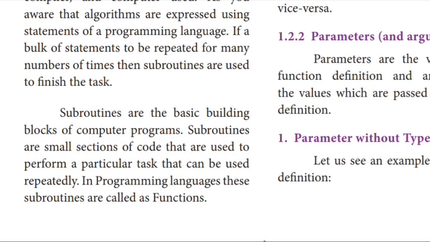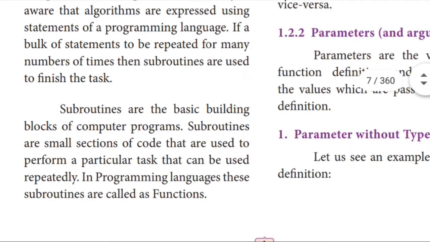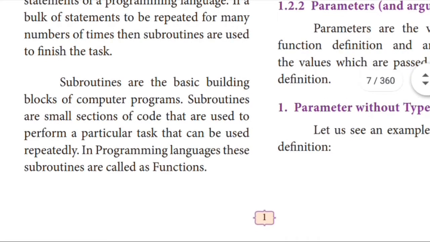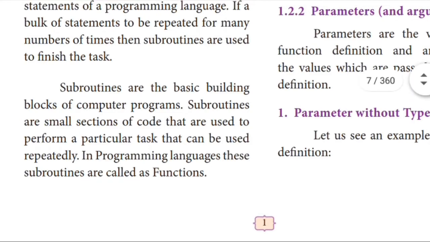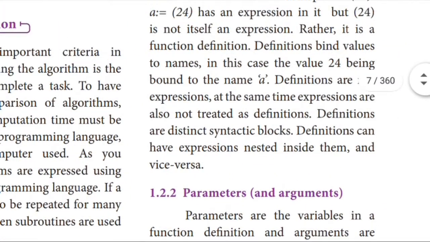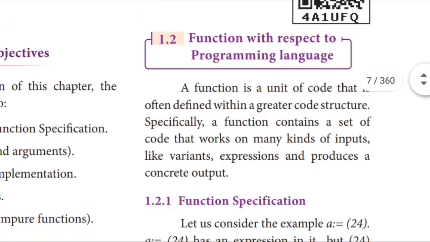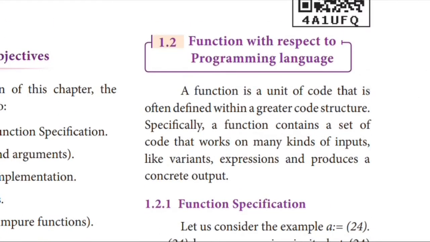A function is also called the basic building block of a computer program. It is also named as subroutines. Subroutines are also called functions, and vice versa. Subroutines are nothing but small sections of code. This code will be added in the main program, and we can use it whether it is mentioned inside the program or outside the program.